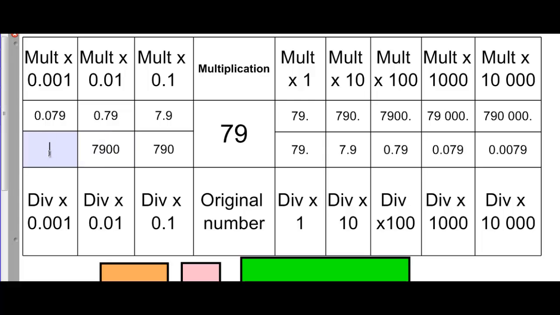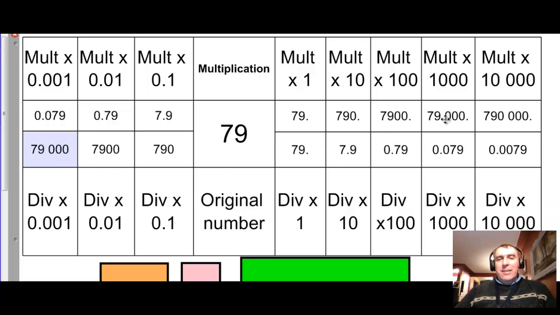And the last one, what happens if we divide by 1,000th? Well, it's going to give you the same answer as if you multiplied by 1,000. And that is going to be 79,000.